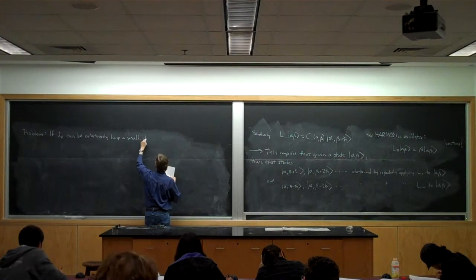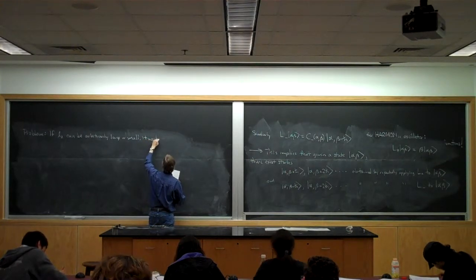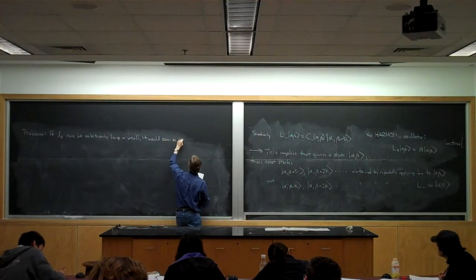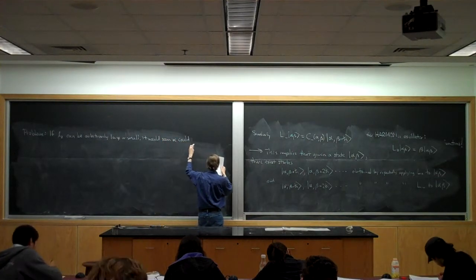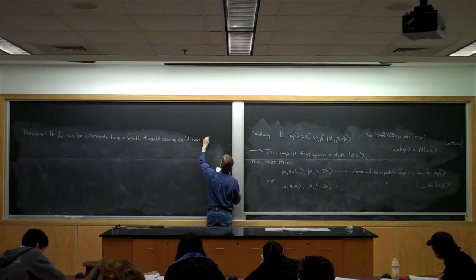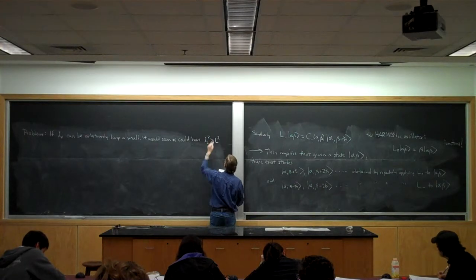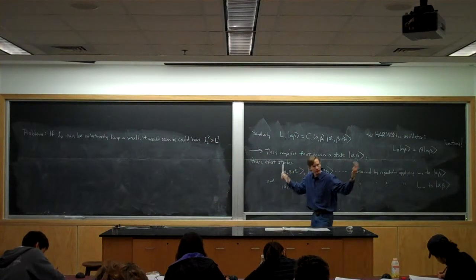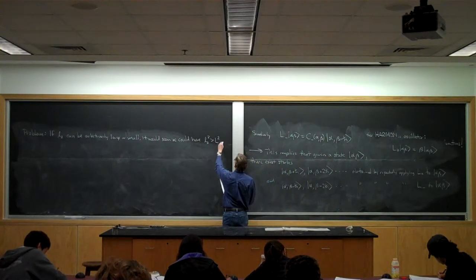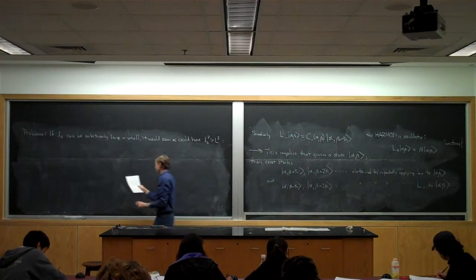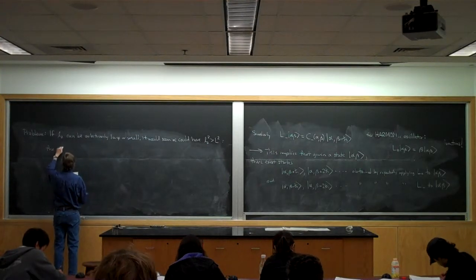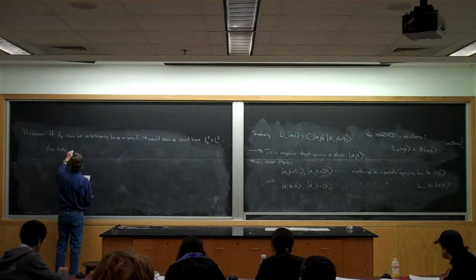It would seem we could have LZ squared greater than L squared, the square of the total angular momentum. In other words, we could get a situation where the total angular momentum would be smaller than one of its components.